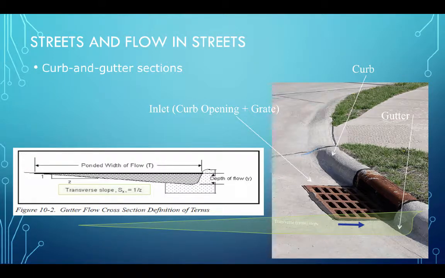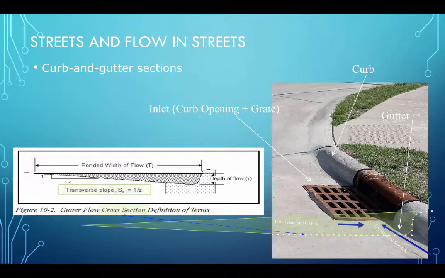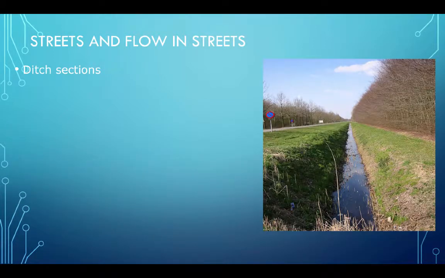There's the gutter. And here's the cross section shown with these dotted white lines. There's longitudinal slope, so that's in the direction of flow. Transverse is perpendicular to the direction of flow. And those are all the defining concepts for curb and gutter.